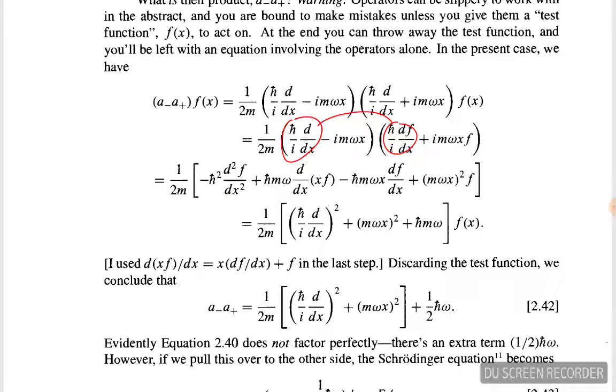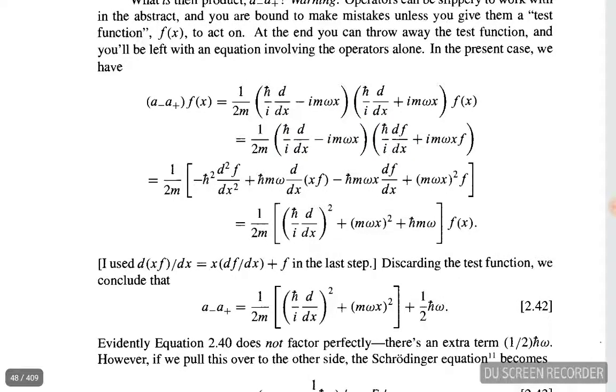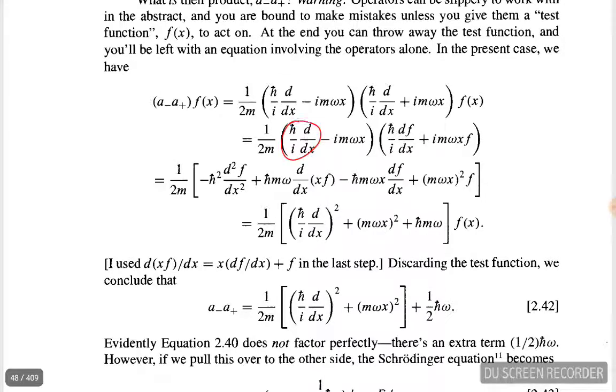So that's the second derivative of x. Then we had this guy. Well, actually, I think he did, yep, this one next.